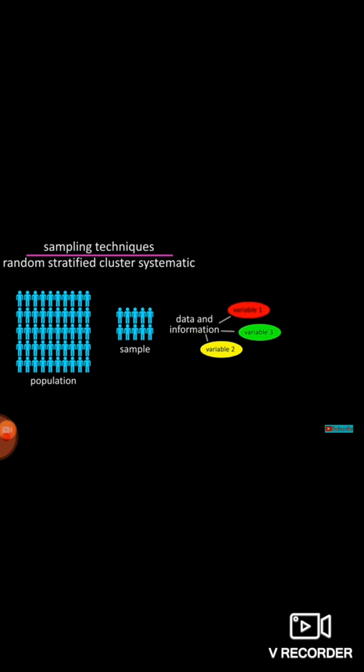What does it mean? It means that all the units in the population have equal chances of selection. I can select any unit of the population for my sample.